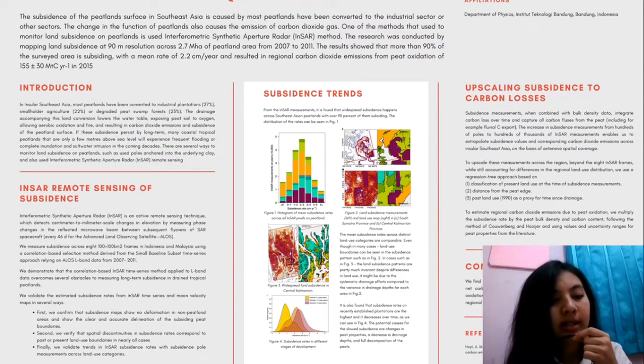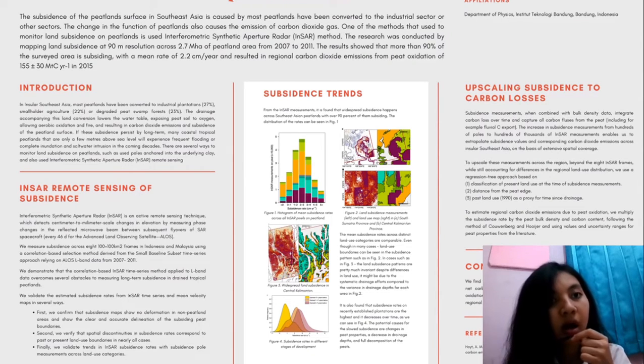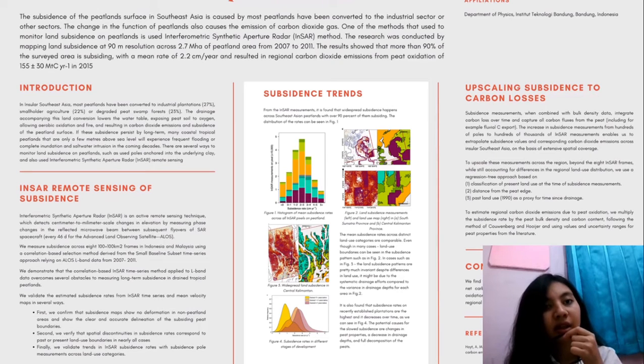This is an active remote sensing technique which detects centimeter to millimeter scale change in elevations by measuring phase change in the reflected microwave beam between subsequent flyovers of synthetic aperture radar spacecraft, and subsidence rates are derived by taking the linear fit to the time series of deformation at each pixel.